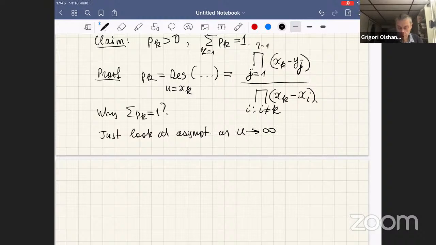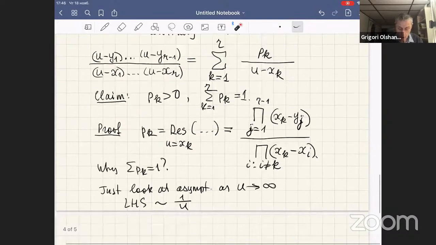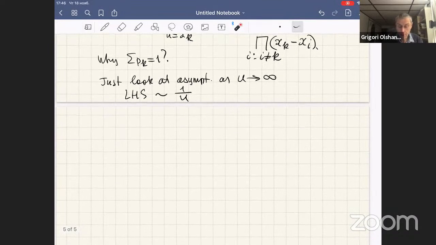The left-hand side is this one, and so the right-hand side should have the same asymptotics, and this gives us this relation. Okay. And now my claim, this is a theorem.